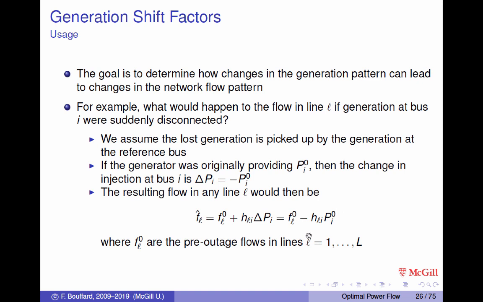So that would represent the flow in line L after the outage of the generator at node I.